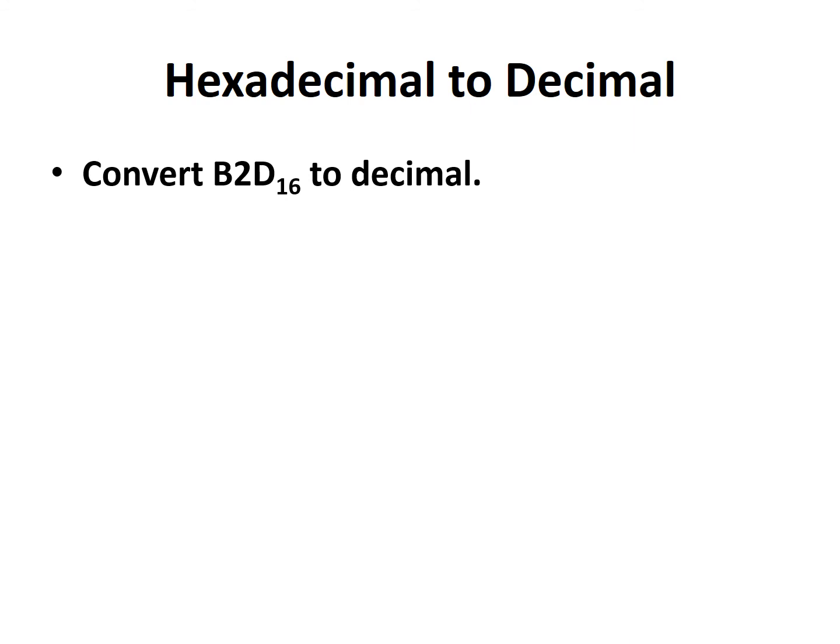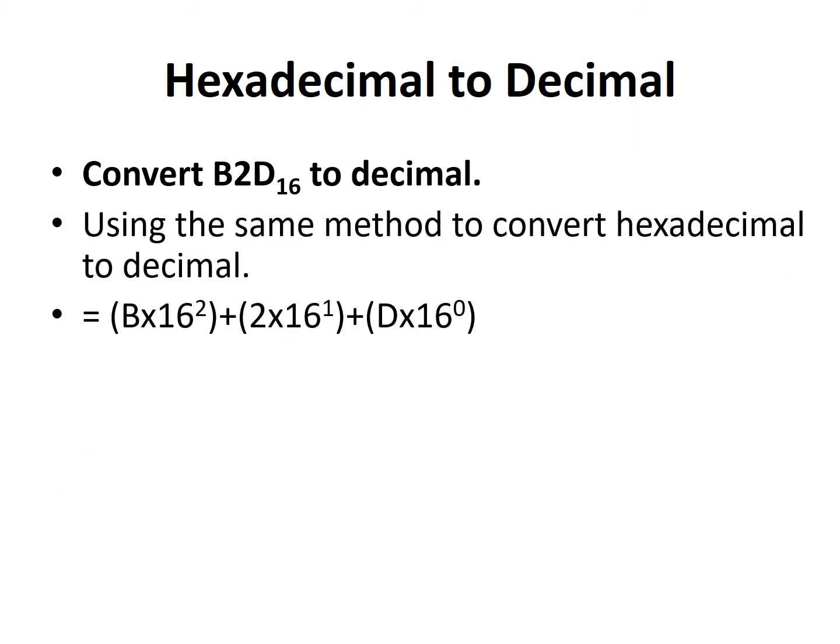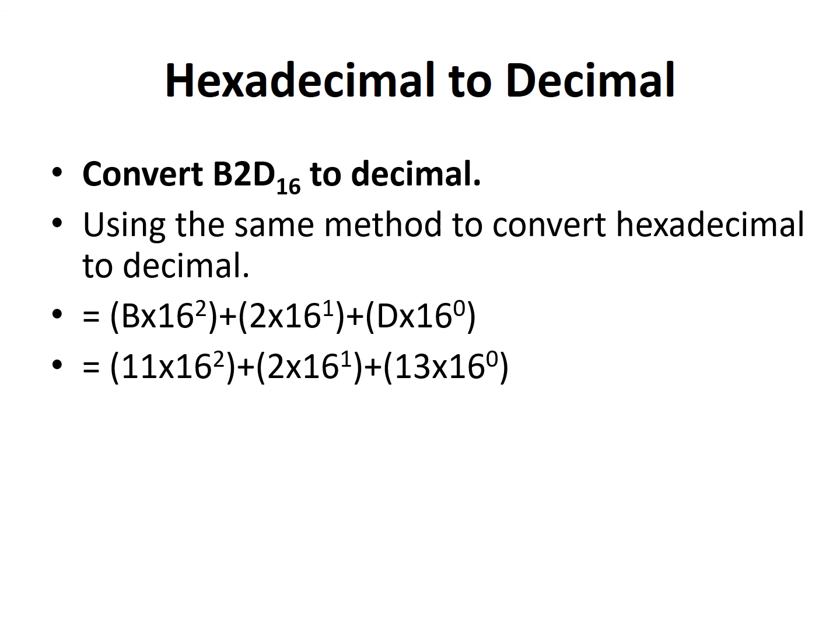So first one is D into 16 power 0, then 2 into 16 power 1, then B into 16 power 2. 16 squared is 256, 16 power 1 is 16, and 16 power 0 is 1. B is 11 and D is 13.